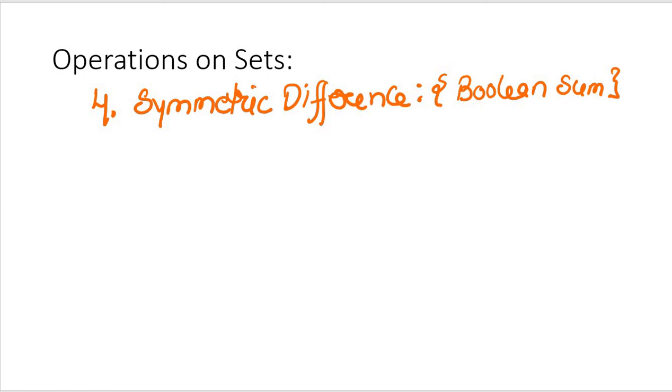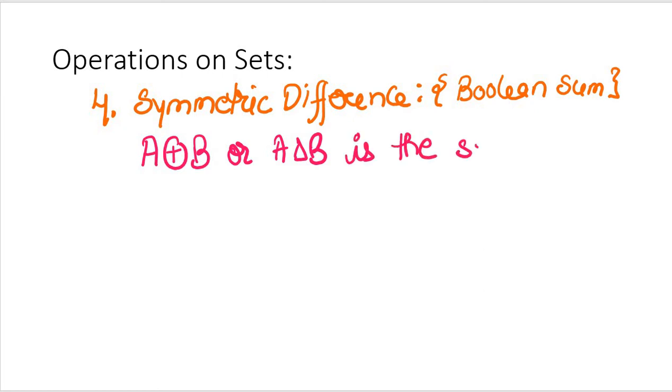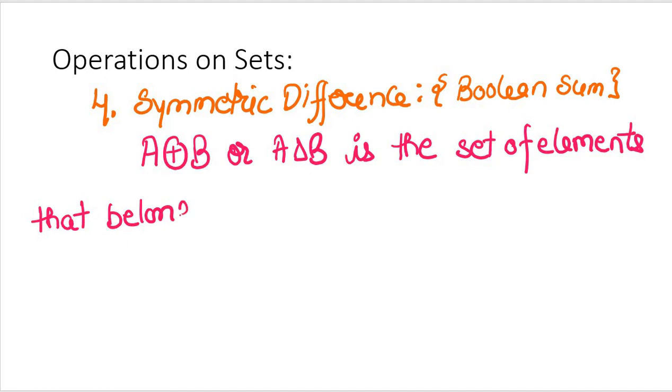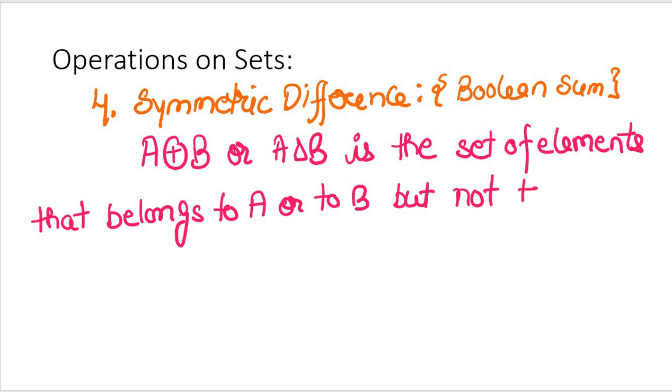So your symmetric difference or the Boolean sum is represented by A symmetric difference B, a plus with a circle, or in some of the literatures you will find it as A delta B. So this is the set of elements that belong to A or to B, but not to both A and B.